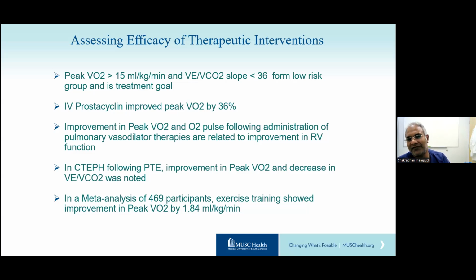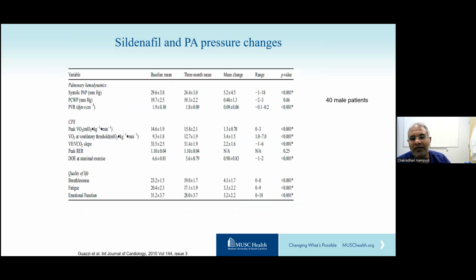And in a meta-analysis of 416 participants, exercise training has also been shown to be beneficial in patients with pulmonary hypertension, with improvement in peak VO2 by about 1.84 ml per kg per minute. From a medication standpoint, this is one of the studies that looked at the benefit of sildenafil in patients with pulmonary hypertension due to left heart disease.